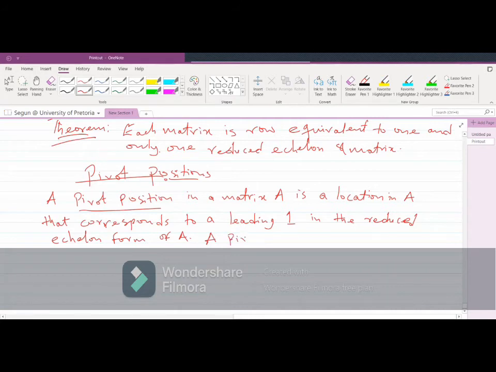Then a pivot column is a column of A that contains a pivot position.